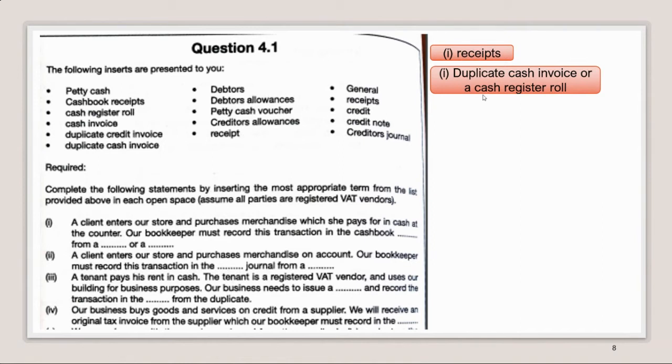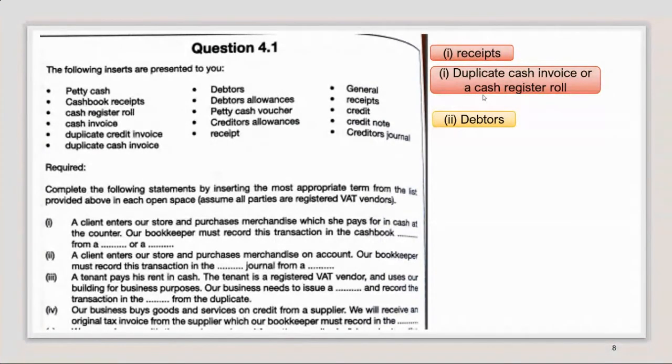Now remember, creditors journal is when I purchase something on credit. Debtors journal is if I sell something to my customer on credit. This talks about a client, so it is our client that bought something at our store. So it is the debtors journal in this scenario.